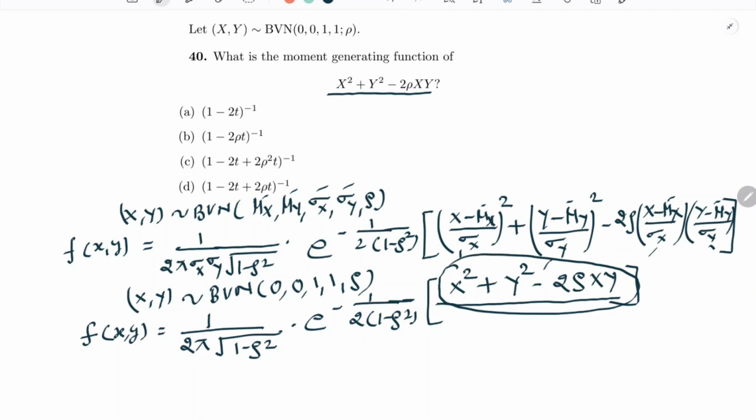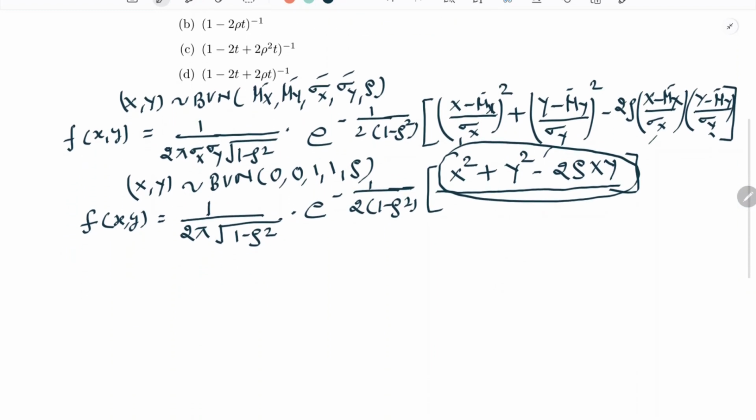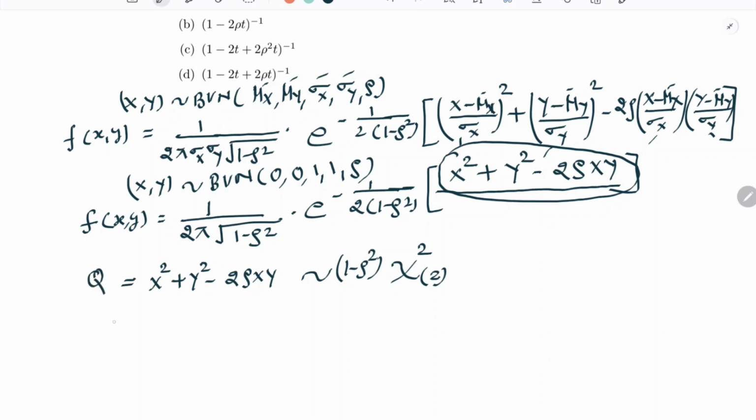Whenever we study the bivariate normal distribution, we know that this quadratic form x square plus y square minus 2 rho xy follows a chi-square distribution with 2 degrees of freedom multiplied by 1 minus rho square. Suppose this is denoted by Q, the quadratic form.